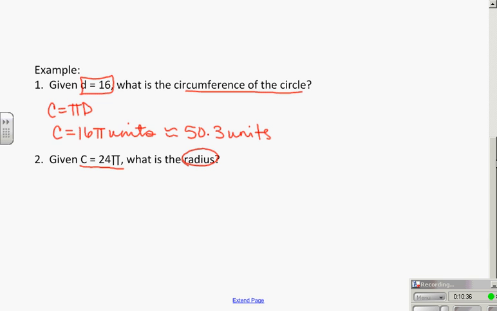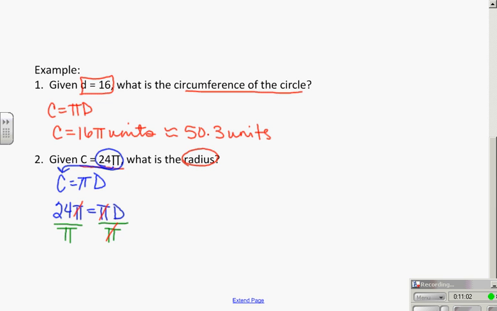Now this, number 2, given that the circumference is 24 pi, what is the radius? Initially that seems kind of scary, but if we write down what we know, that circumference equals pi times diameter, basically do a substitution. I know what my circumference is, 24 pi equals pi times d.